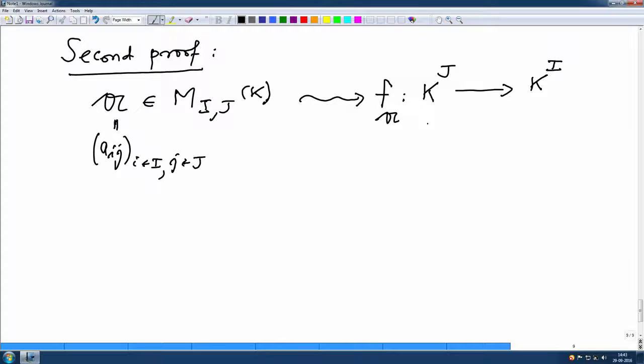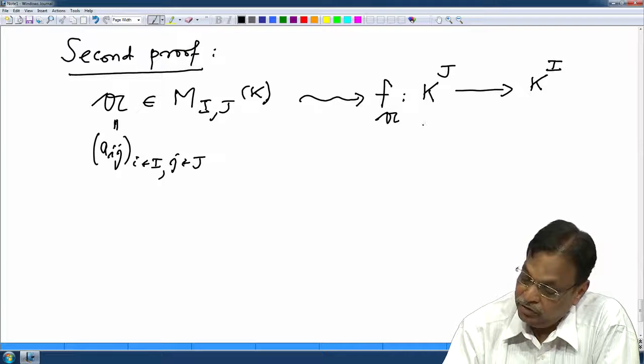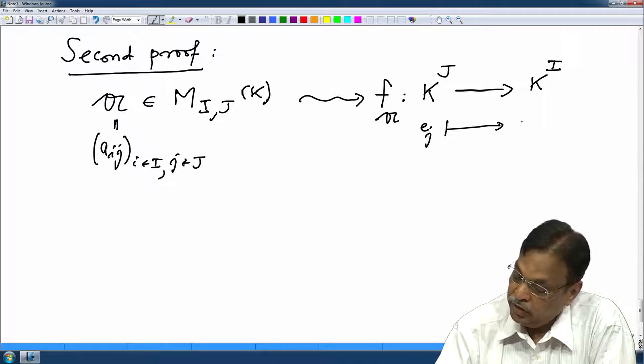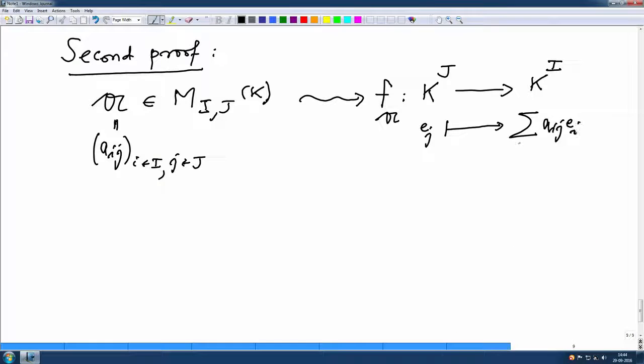Namely, I should tell you where the basis goes. So, the standard basis e_j here is mapped to the element summation a_ij e_i. And note that this e_i on the right side is the standard basis of k^I.